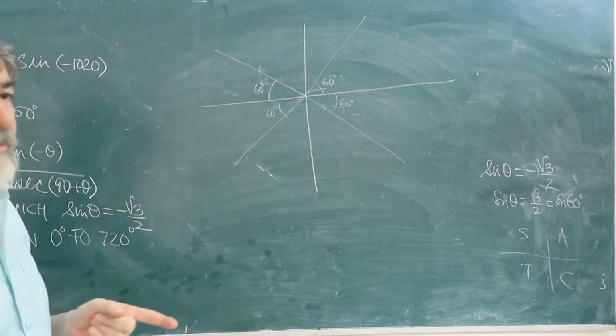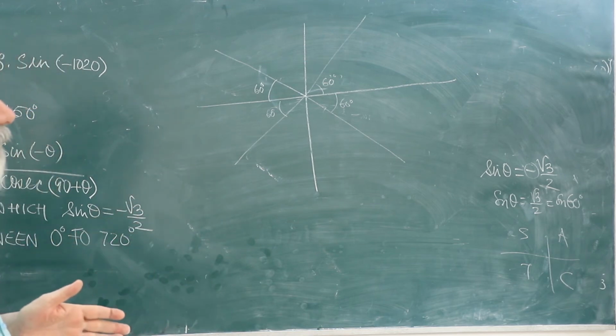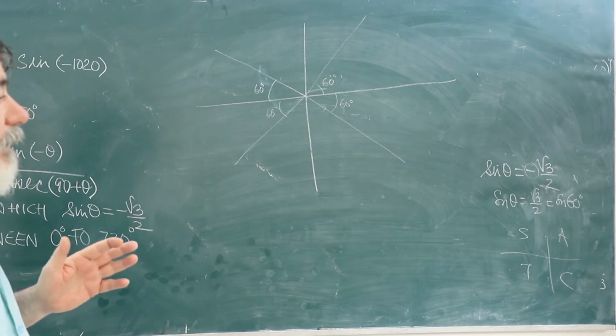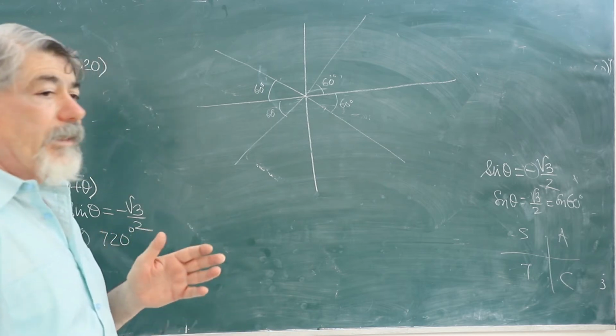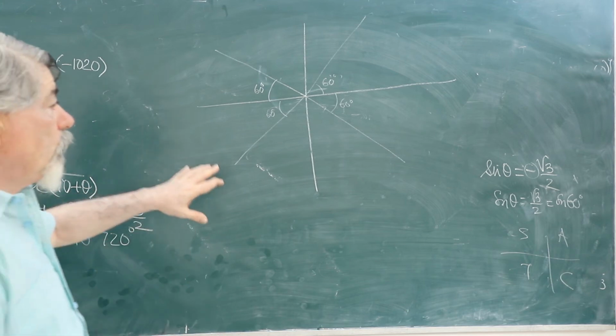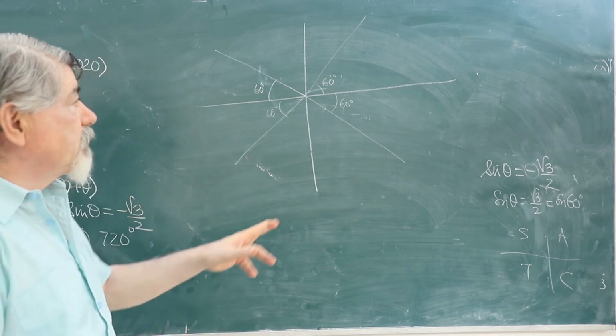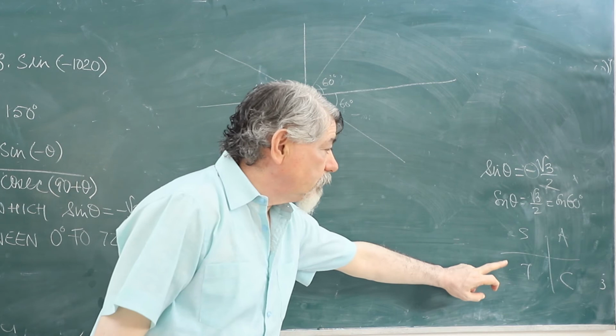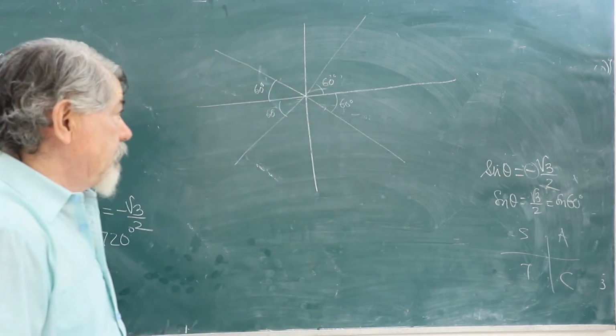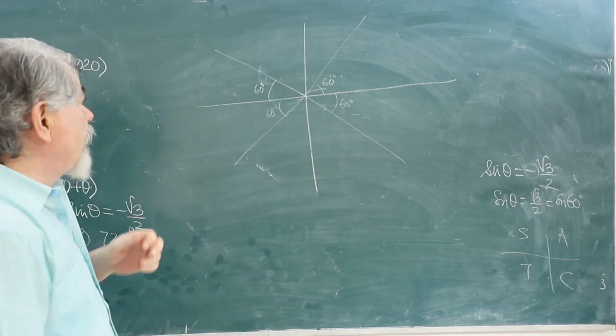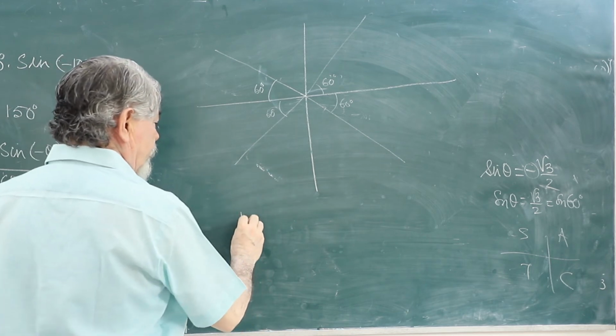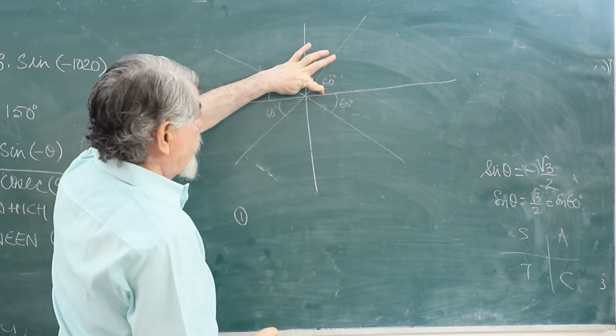Here sine is negative. Sine is negative where? Sine is negative in the third and the fourth quadrant. That means all the values corresponding to this will come in third and fourth quadrant. Now, the first value will be from here.